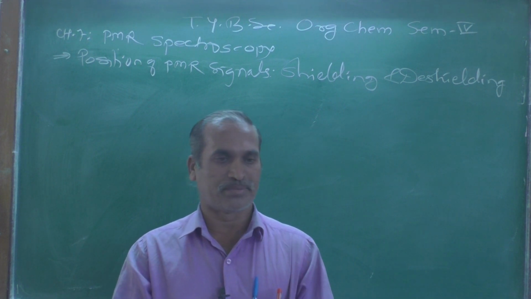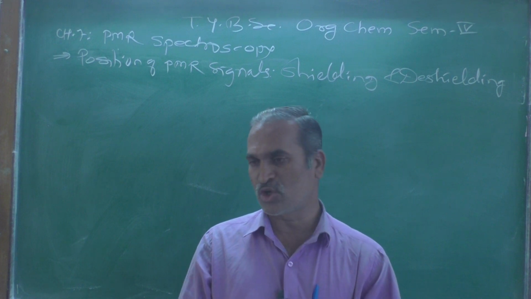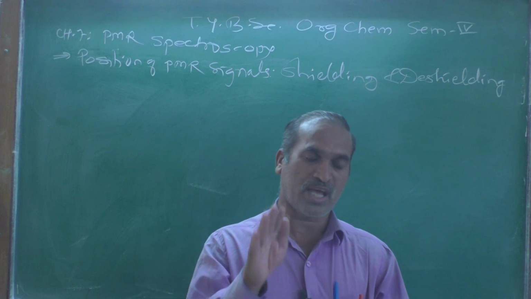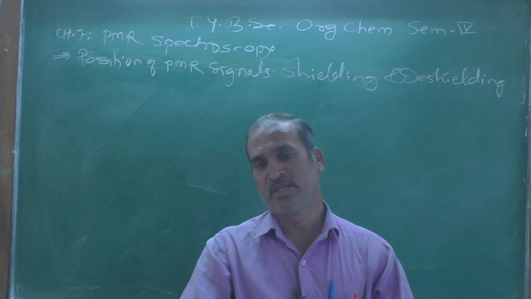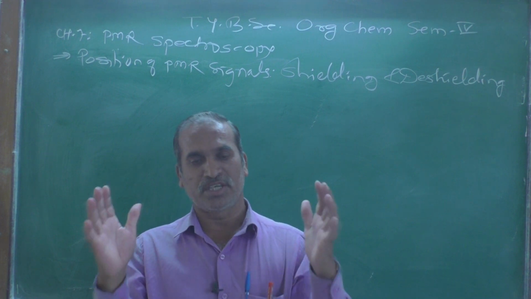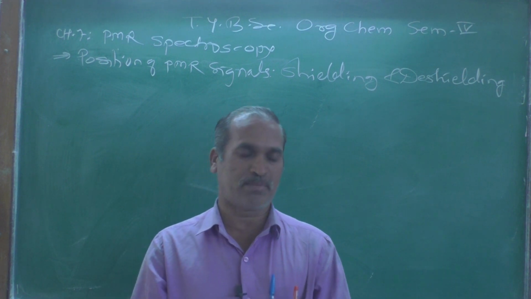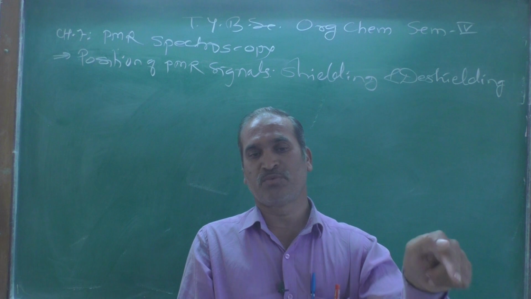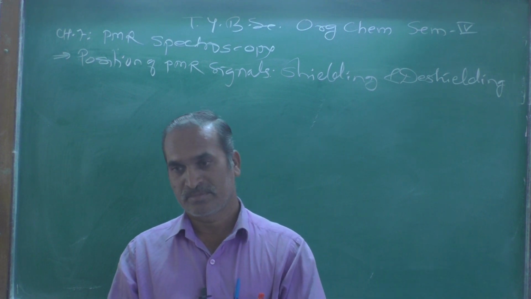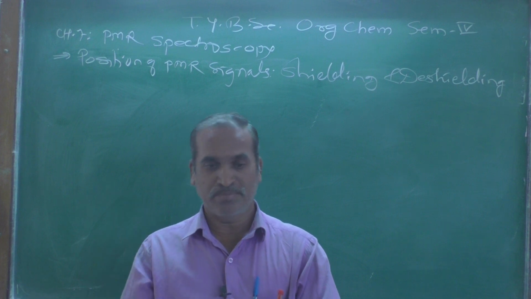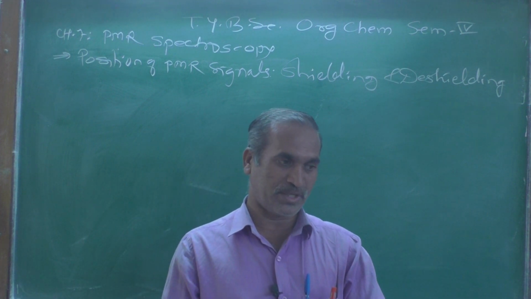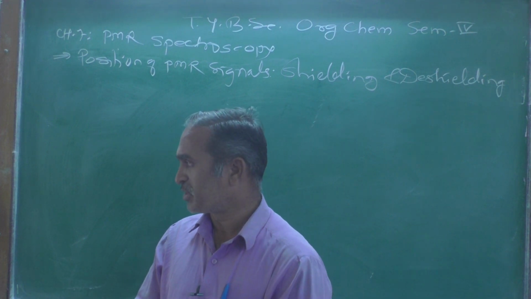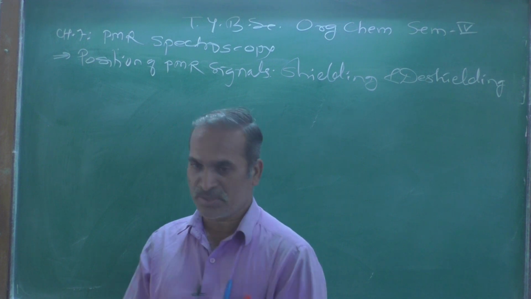Suppose some groups are electron withdrawing groups, like a halogen atom. As we know, halogen atoms are more electronegative in nature, and they have a tendency to pull the electron toward themselves. Ultimately, that proton would be de-shielded. If the electron density goes away from that proton, then that proton is termed a de-shielded proton.